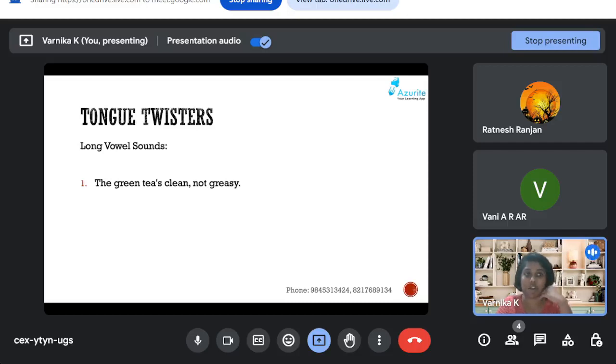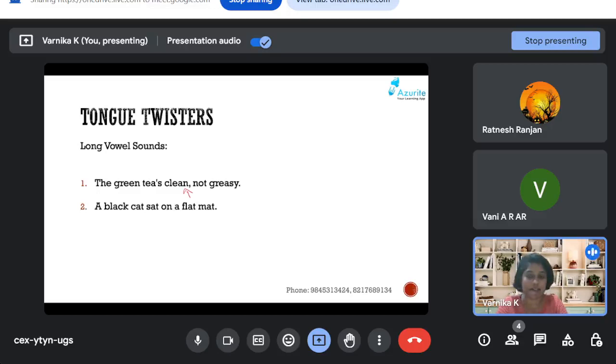So, you have to make sure you are able to read it at least two or three times, all right? The green tea is clean, not greasy. The green tea is clean, not greasy. Make sure you are paying attention to the punctuation as well. When there is a comma, you give a small break there. The green tea is clean, not greasy. Okay.